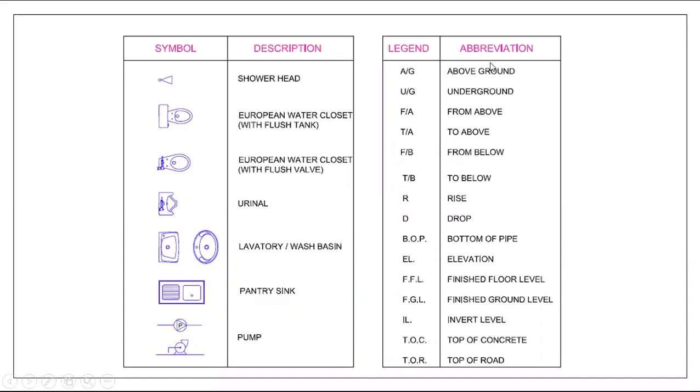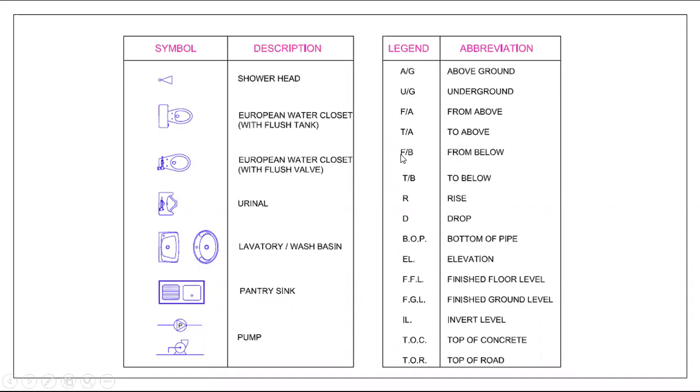Legend and abbreviations. For above ground, we put A/G. For underground pipe, U/G. From above, the pipe is coming from above, FA. To above, the pipe is going to above, TA.